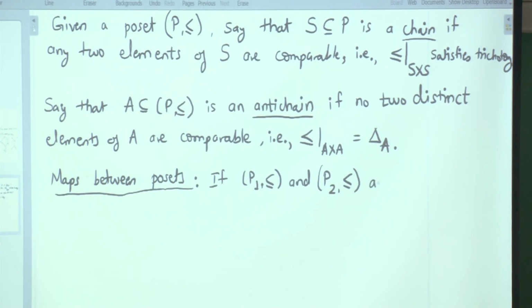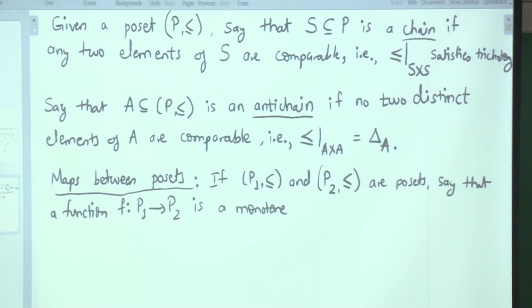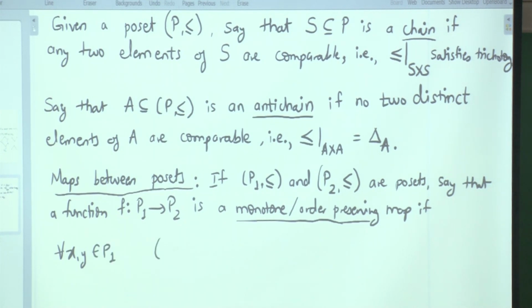If these are posets, we say that a function, so right now it's just a function f from P1 to P2, is a monotone or order preserving map if for all x, y in P1, x less equal y implies f of x less equal f of y.